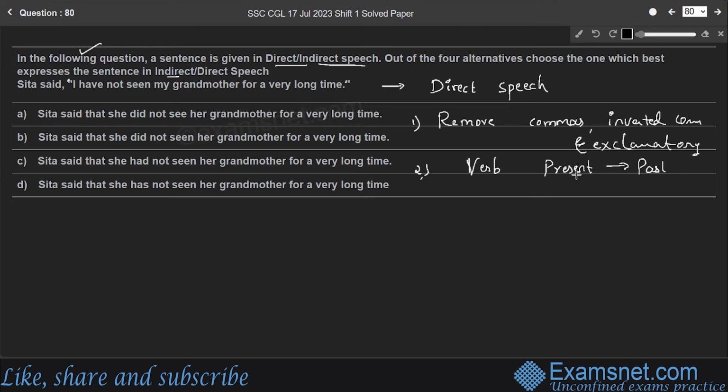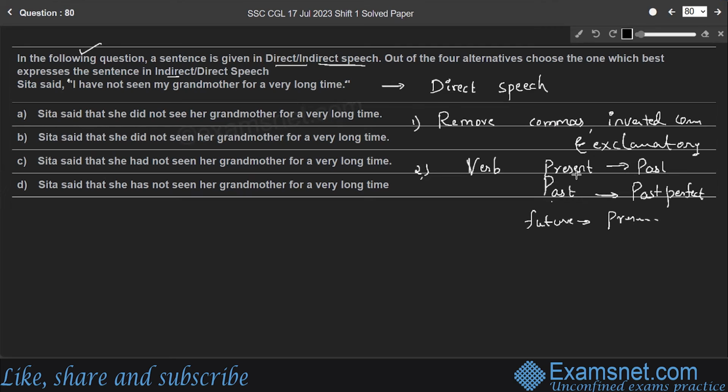If the verb is in past tense, change it to past perfect, because we are writing the sentence in indirect speech. If the verb is in future tense, change it to present conditional tense.